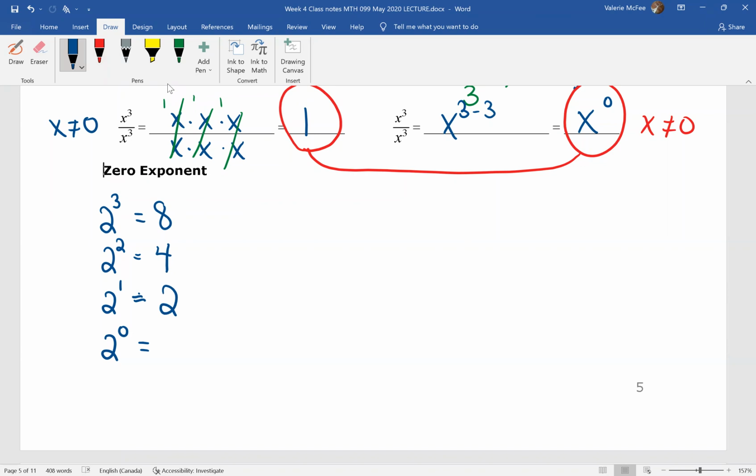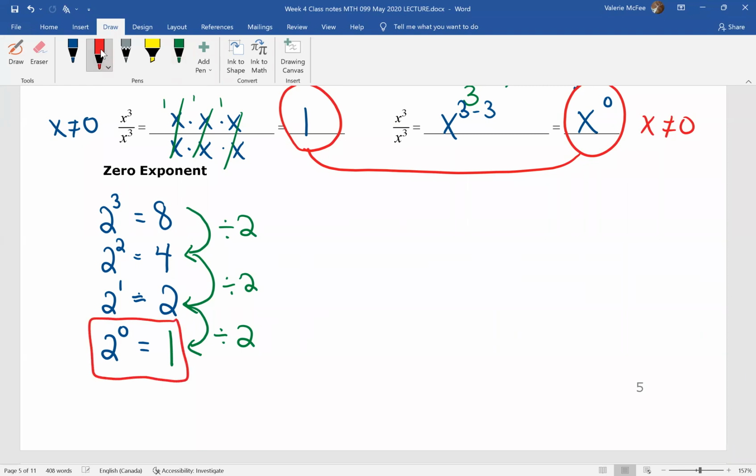In mathematics, there's always a pattern that we're looking for. And we can see that the pattern from one question to the next is that we're dividing by 2. 8 divided by 2 is 4. 4 divided by 2 is 2. 2 divided by 2 equals 1. So there we have it again. A number raised to the power of 0 equals 1.